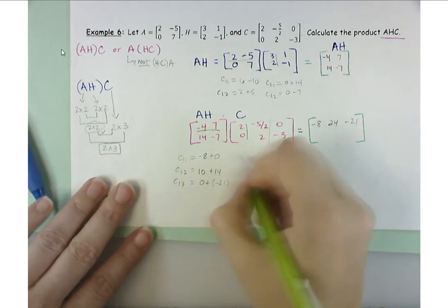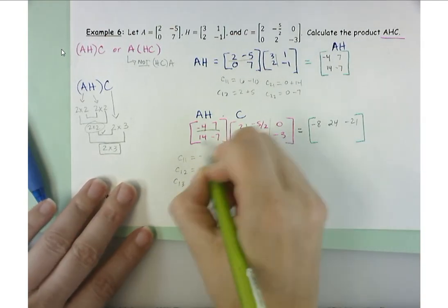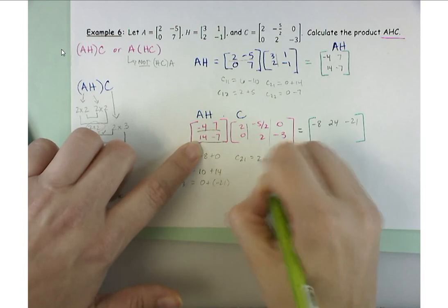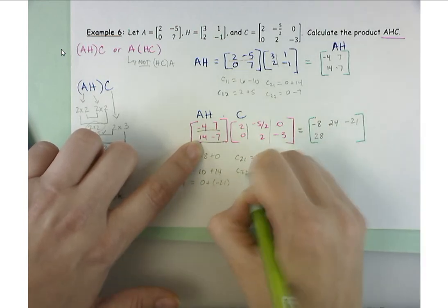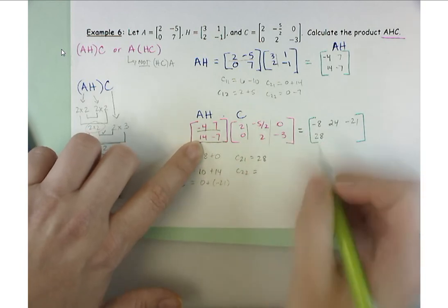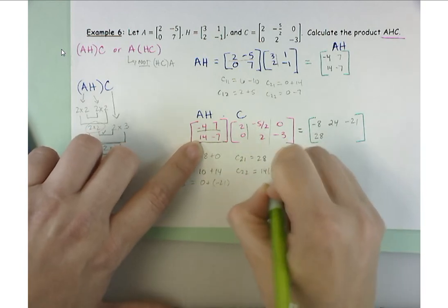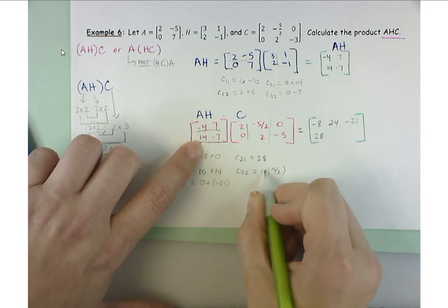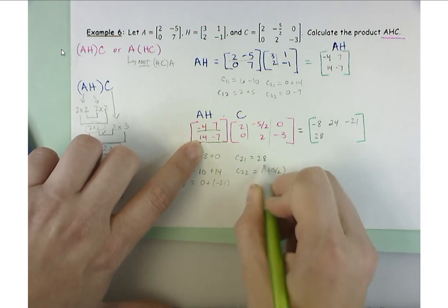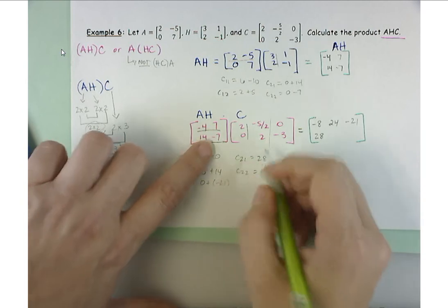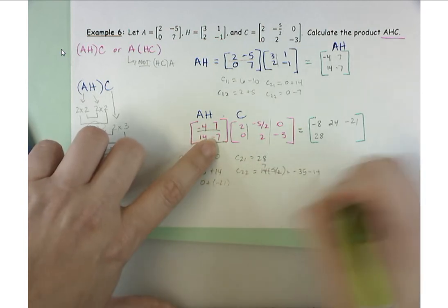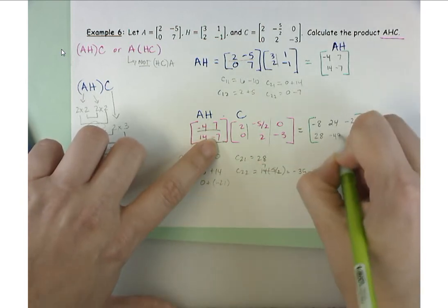Okay, so now we're going to go second row, first column. So 14 times 2 is 28. The next one's times 0, so we're just going to have that 28. 14 times negative 5 over 2. If I'm doing 14 times negative 5 over 2, I want to do 14 divided by 2 first, which is 7. So 7 times negative 5 is negative 35 minus 14, and that's going to give you negative 49.